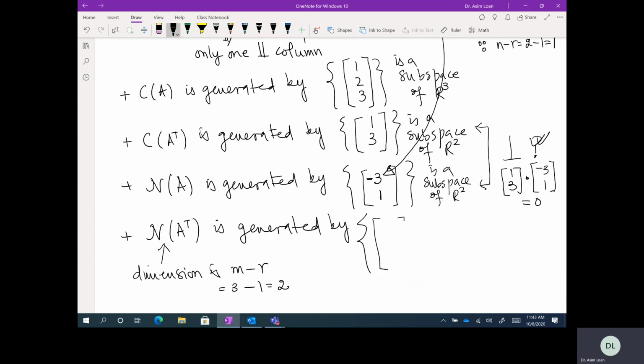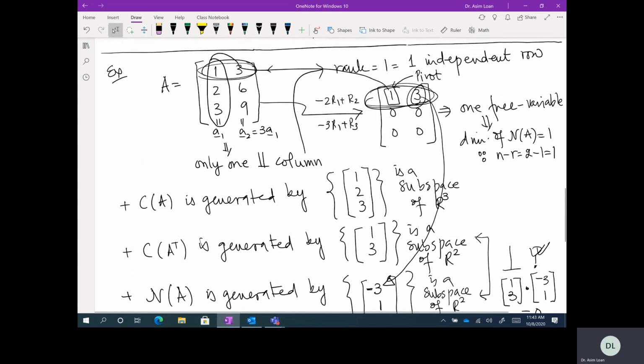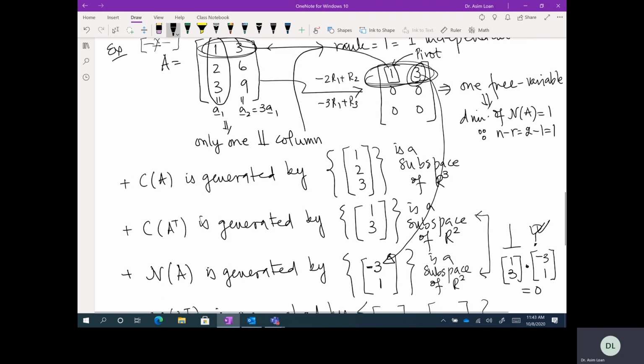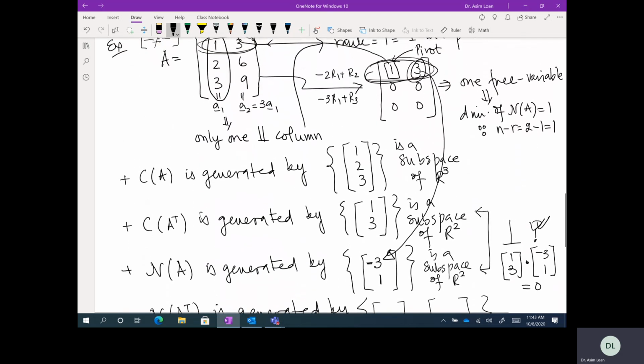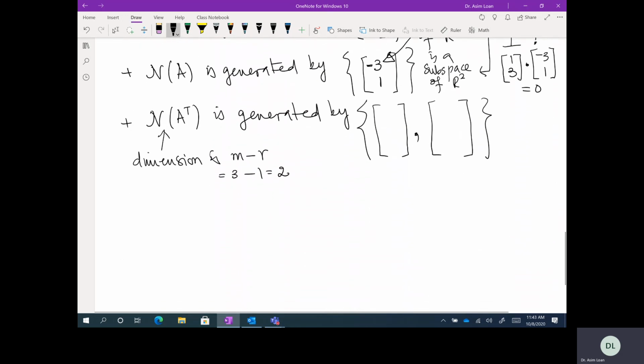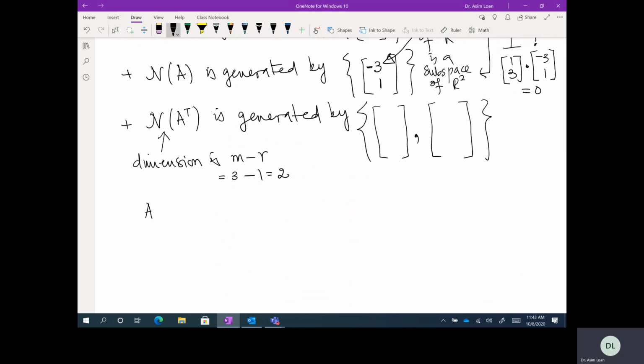So any combination, if I have a vector y here, combination with rows will give me the left null space. So let me do the echelon form for A transpose. So A transpose is equal to 1, 3; 2, 6; 3, 9.